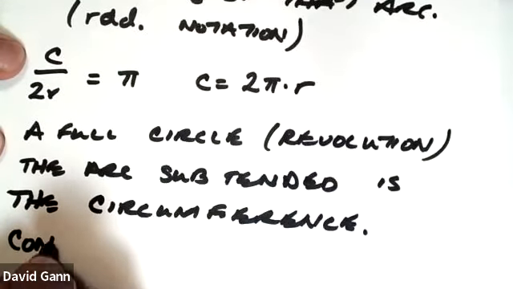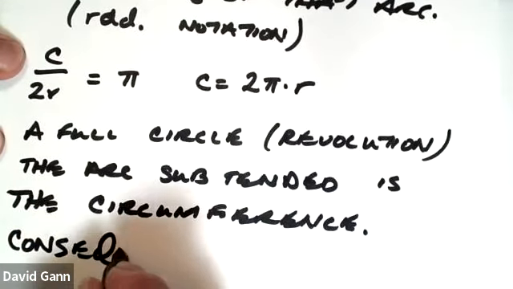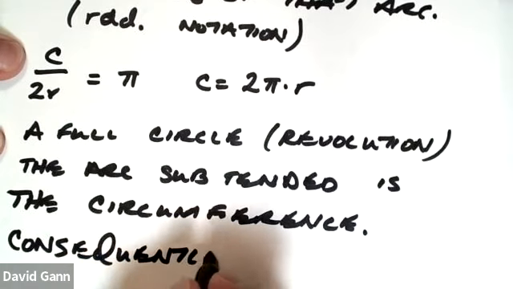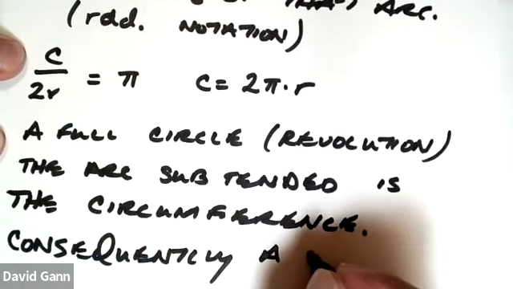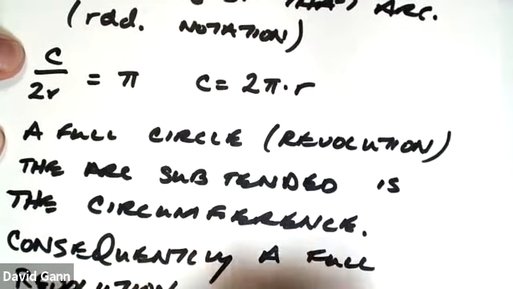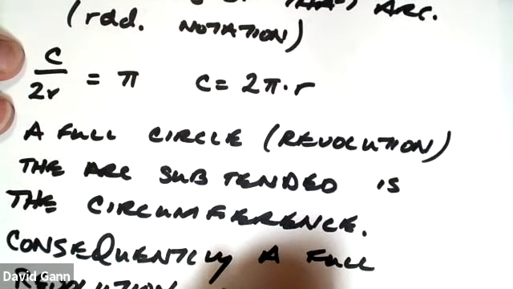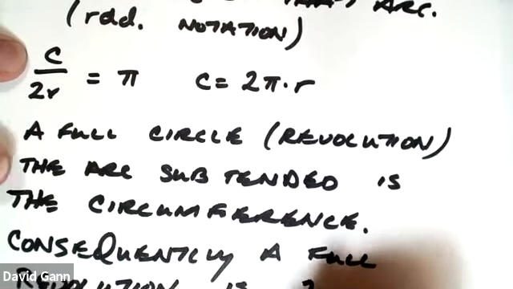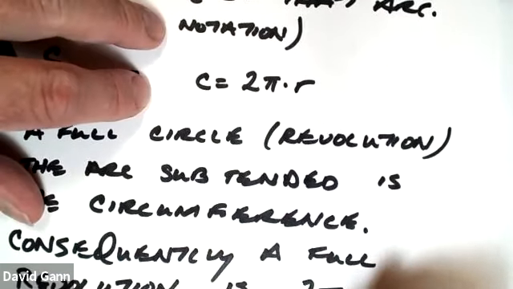And consequently, a full revolution is 2 pi radians.